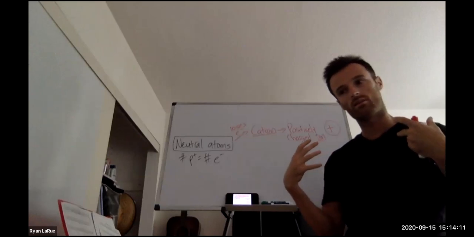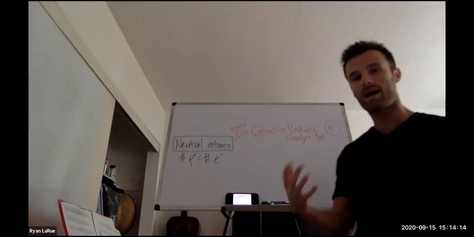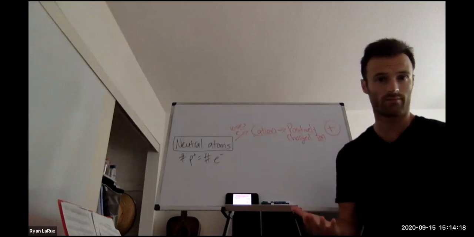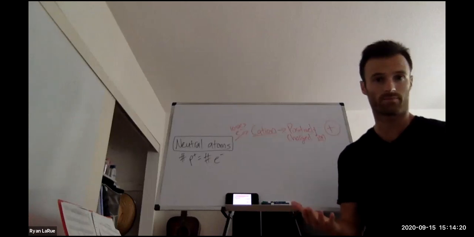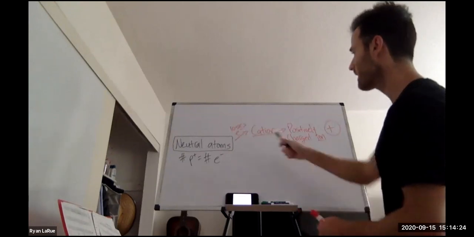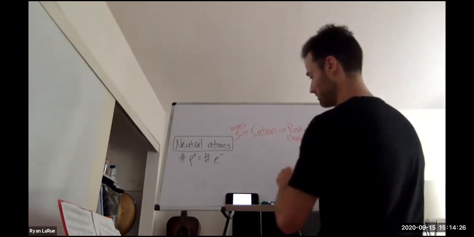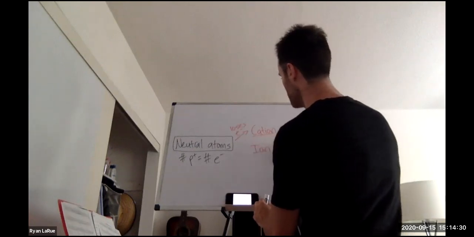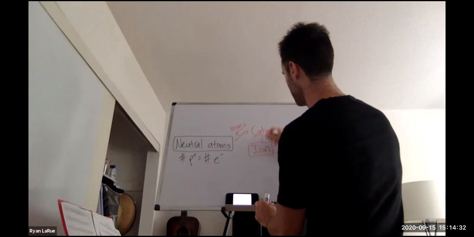And so an ion is an atom that will have an overall charge to it, either positive or, when we do the other situation, negative. So this cation is an ion. It's a type of ion. It's a positively charged ion.